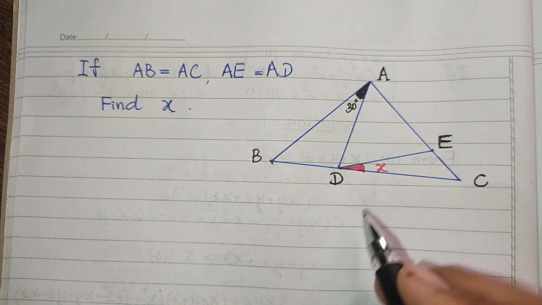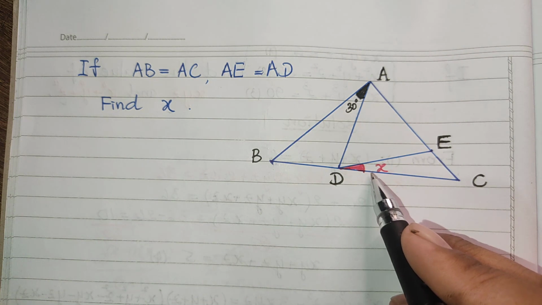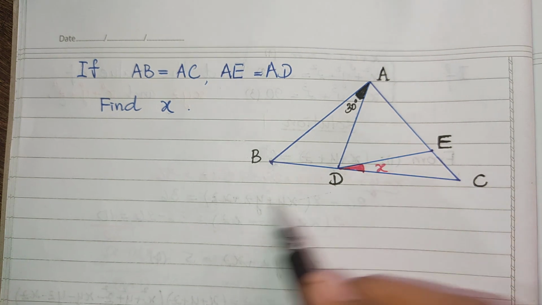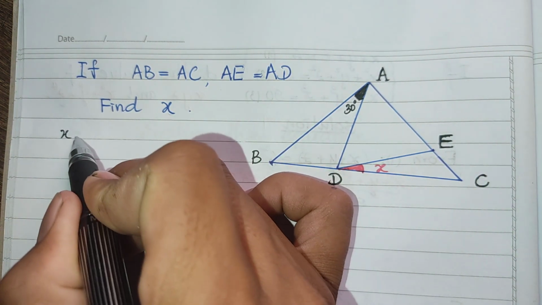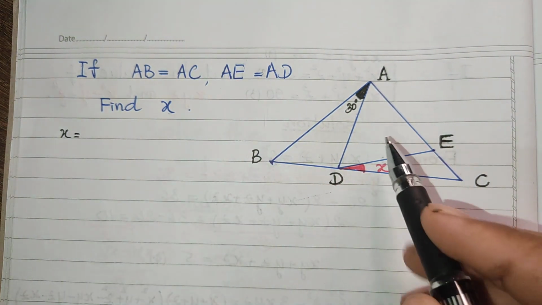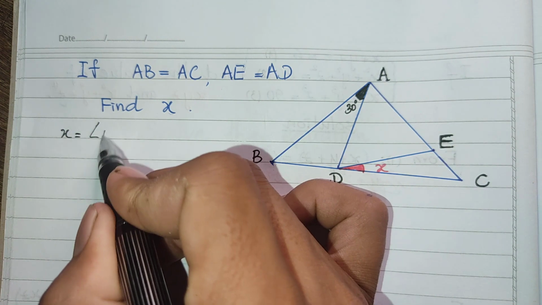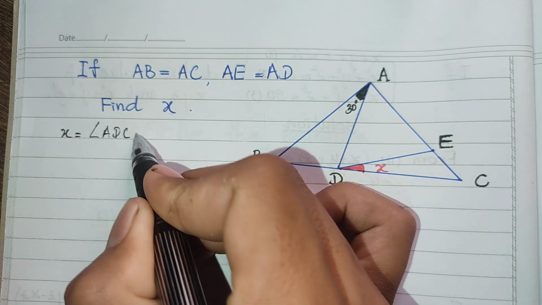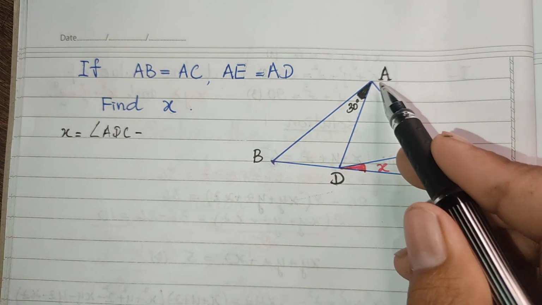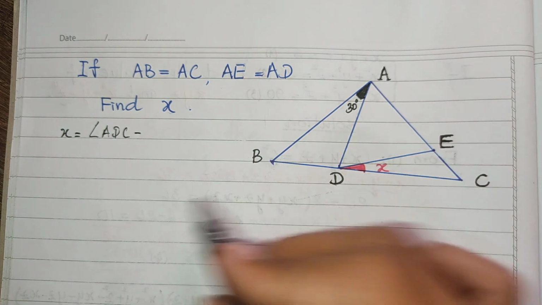Okay, we know that H is equal to angle ADC minus this angle ADE.